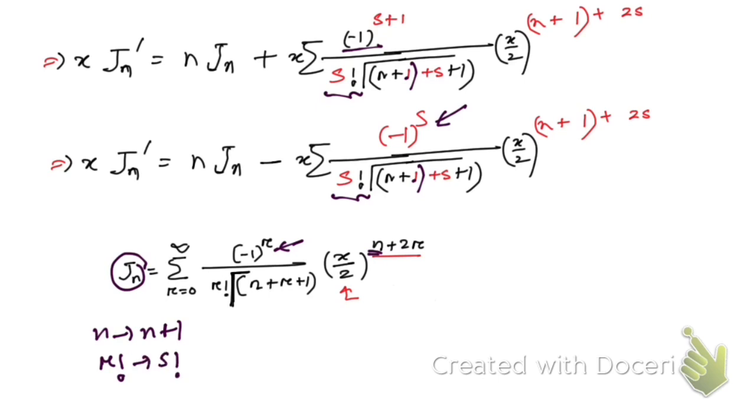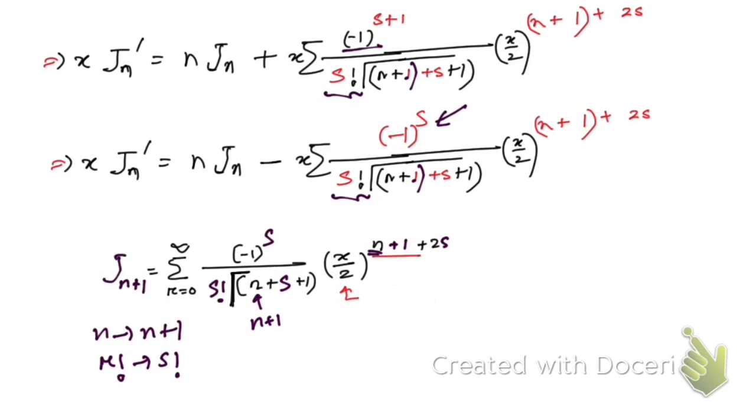So if you replace this r by s, this r factorial by s factorial, then n by n plus 1, so r by s, here it is s, and replace this n by n plus 1, then this will be J n plus 1, right?